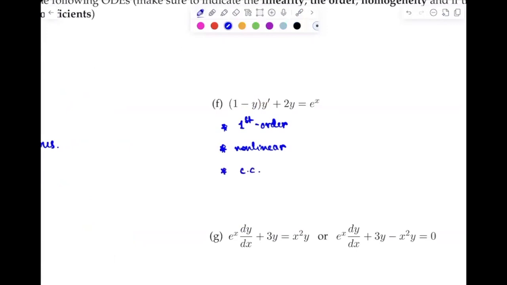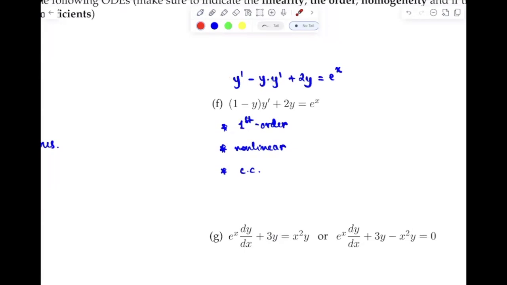Right? Why is that the case though, even though you have y prime multiplied with 1 minus y? Remember, y times y prime stands for linear or nonlinear? Okay, so if you distribute y prime, you will see y prime minus y times y prime plus 2y equal to e to the x. So y prime times 1, that's constant.